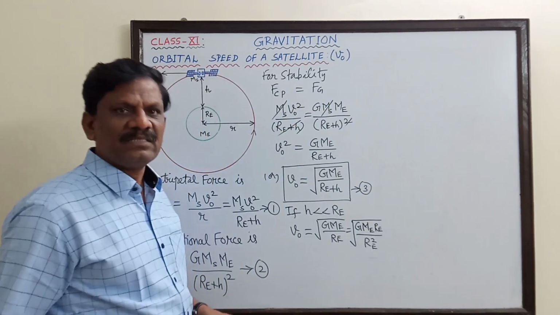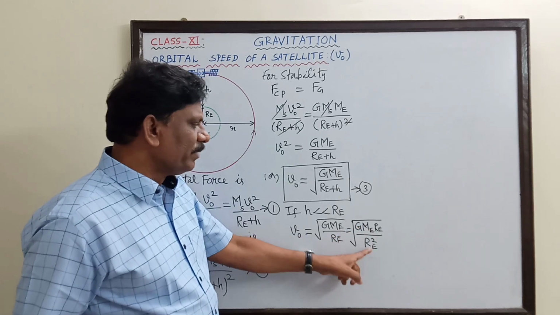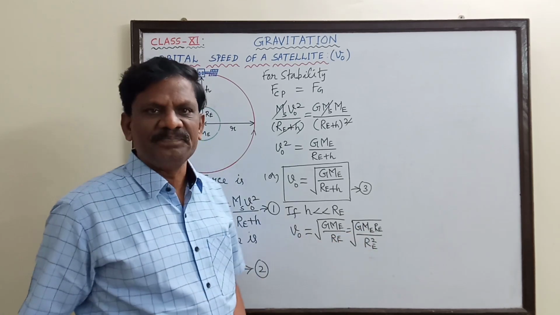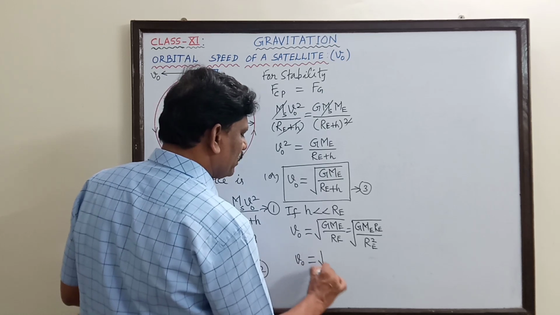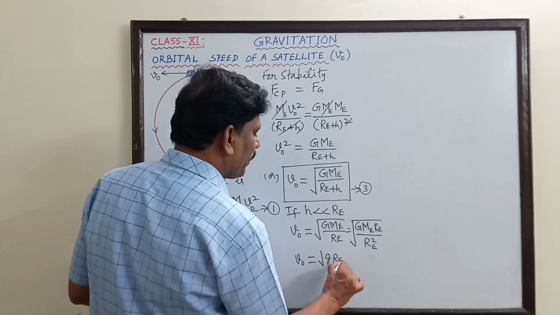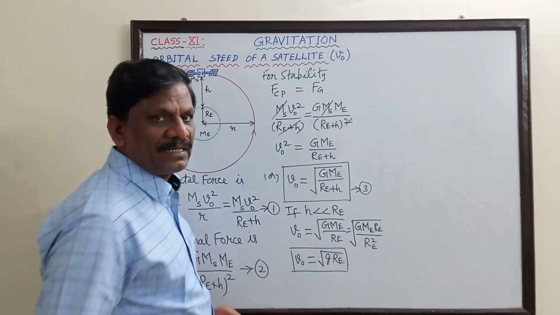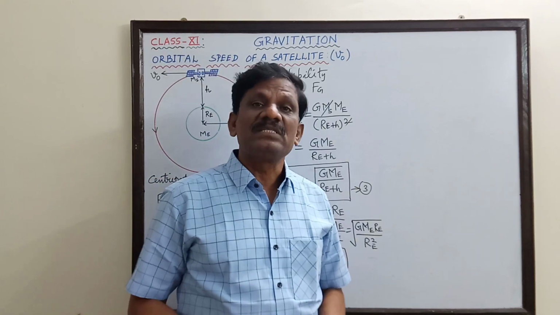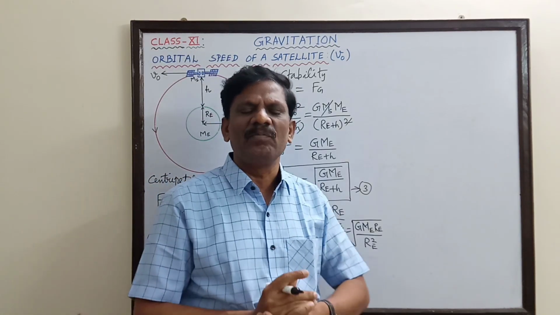I am adjusting the terms. I am multiplying and dividing by RE, so that this GM by R square is nothing but small g. Is it not? So V orbital is also equal to square root of g into RE.